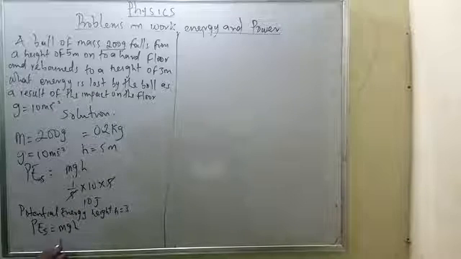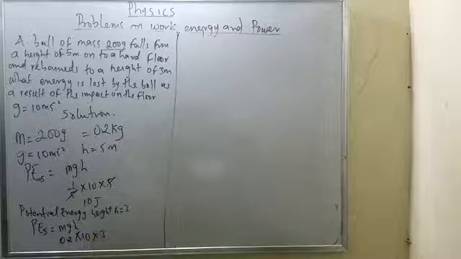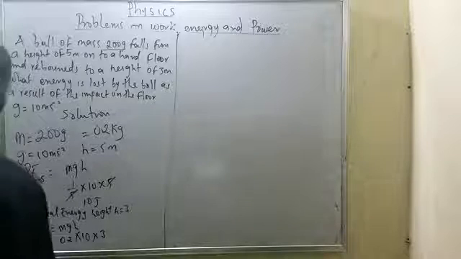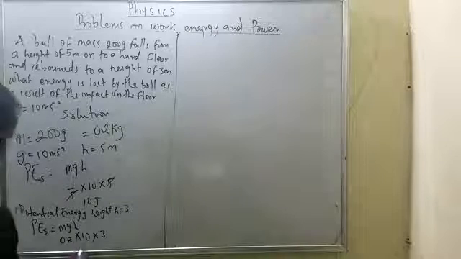It means 0.2 multiplied by 10 multiplied by what? H is 3, which is going to be what? Okay, 3 times 2, that is 6 joule.